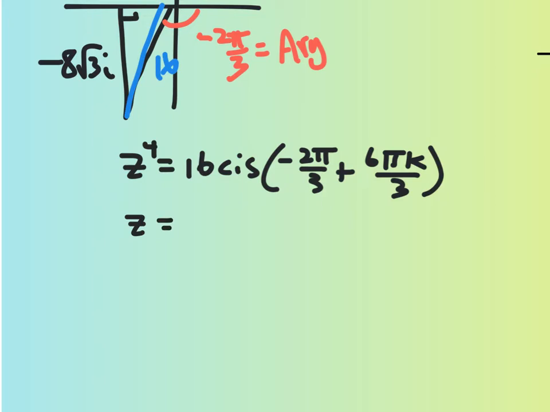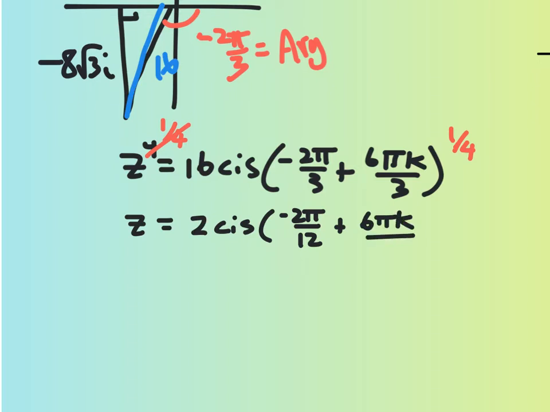So if I took both sides to the 1/4 power, that would cancel. To the 1/4 power over there, I would get the 4th root of 16, which is 2, cis, and then I'm going to distribute. That would be that plus 6 pi k over 12 as well.